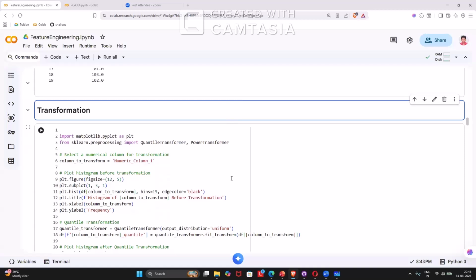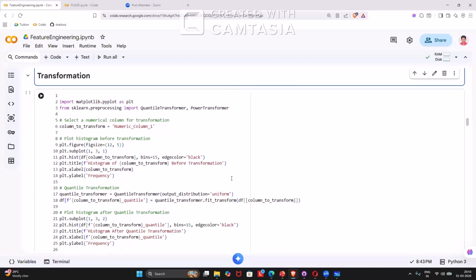Then there are the transformations. The transformations are used if data is not maintaining a particular distribution. As I said, for every data we are expecting the data to be in normal distribution, right? So if some data is not following normal distribution, we can use this kind of transformations.